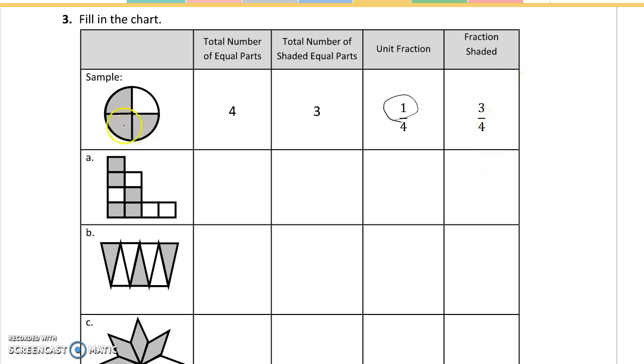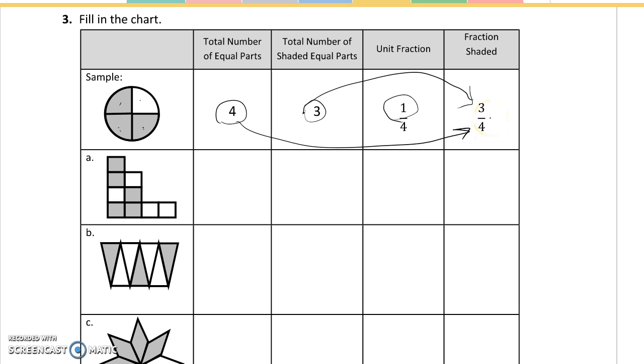So here there were 4 equal parts, 3 were shaded. That's where this comes from. One of those parts is called 1/4, and the fraction shaded tells us to put this 3 on top and this 4 on the bottom. Okay, so 3 comes from here, 4 comes from here.